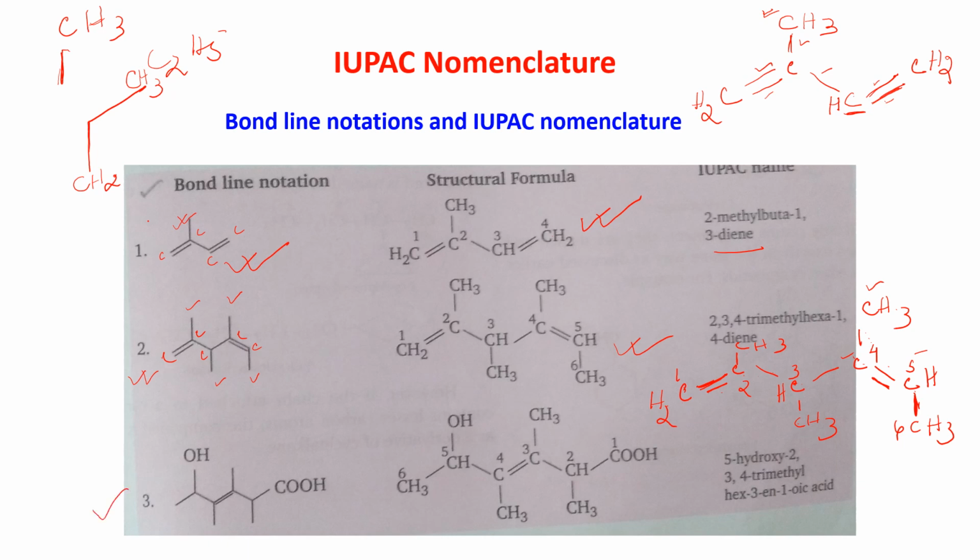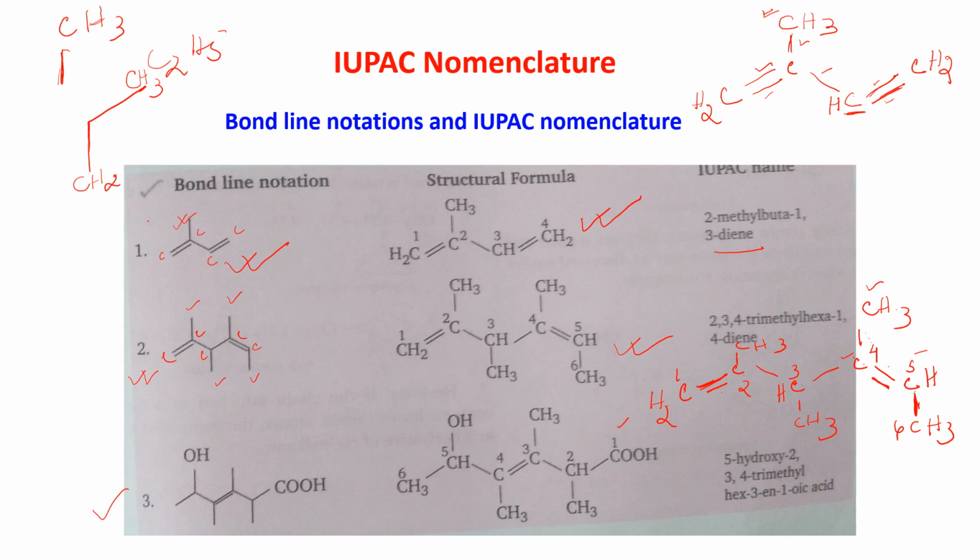Similarly, look at this. One OH is present, one COOH is present. So naturally COOH is getting the number 1. Now all other places are CH3. And just after writing CH3 and double bond and all, just put H. You have to see whether the carbon valency is satisfied or not.